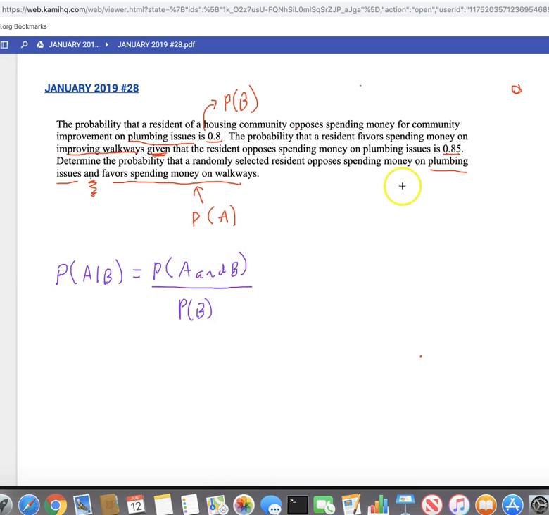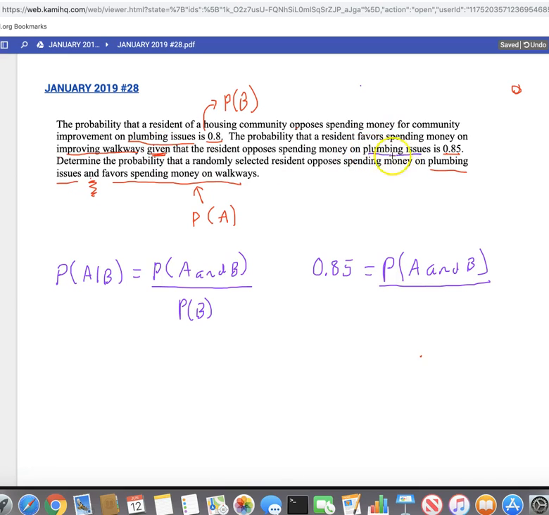Again, we can set up this formula, plug in the two probabilities we have, and solve for the probability of A and B. So if we do that now, 0.85 is our conditional probability, so I'll plug that in. And this should equal the probability of A and B over the probability of the given in our conditional probability, which is plumbing issues.